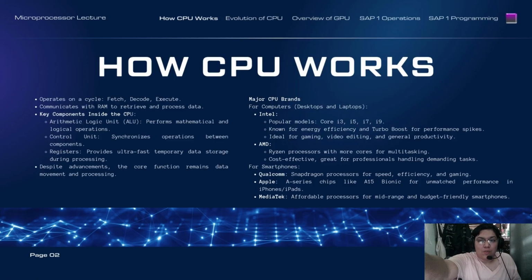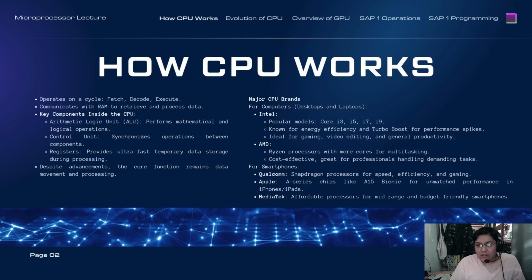Now, in the smartphone world, Qualcomm, Apple, and MediaTek lead the market. Qualcomm Snapdragon processors power many Android smartphones, offering a balance of speed, efficiency, and gaming performance. Meanwhile, Apple's A-series chips, such as the A15 Bionic, are exclusively designed for iPhones and iPads, delivering unmatched performance and energy efficiency. Now, MediaTek, on the other hand, is known for producing cost-effective processors for mid-range and budget smartphones.